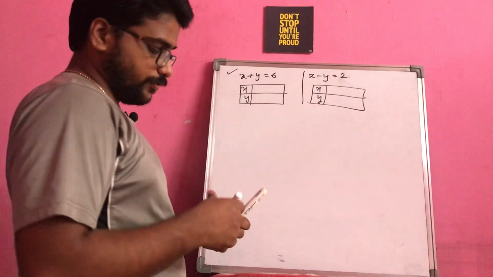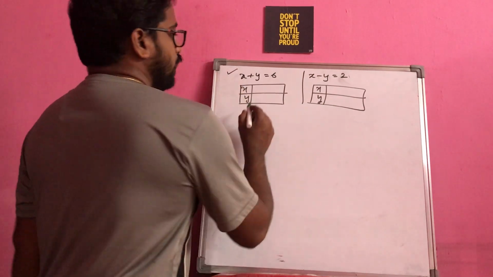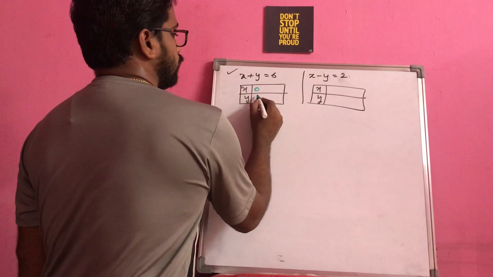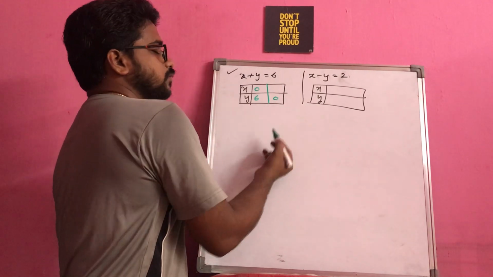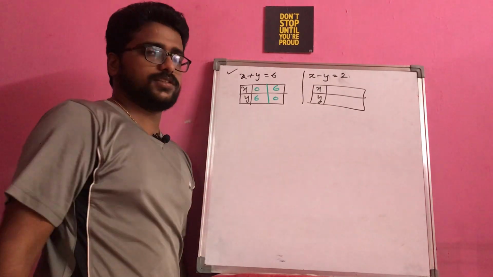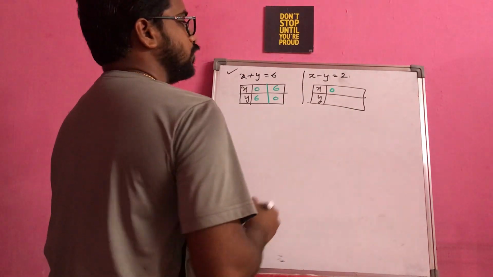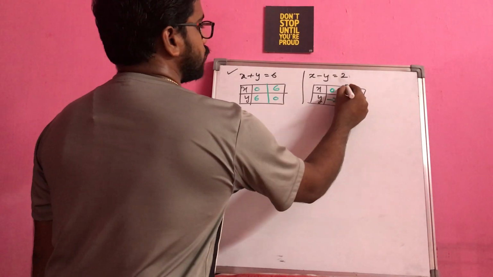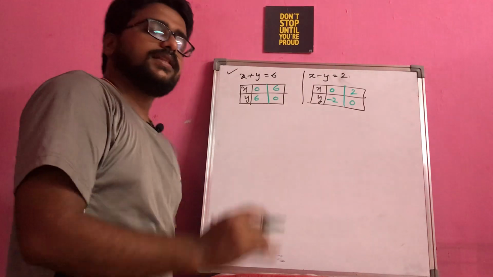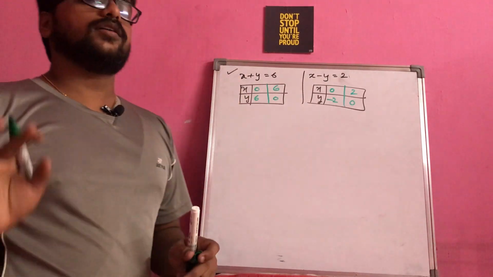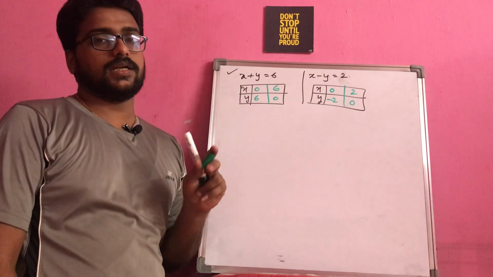So my suggestion is, if you want to make your work simple, try to take x as 0, y value will become 6, and substitute y with 0, then you will get x value equal to 6. That is the first thing. Similarly here, substitute x with 0, y value is minus 2, and y with 0, x value is equal to 2. This is the very simple way to draw the equations in the graphical representation.